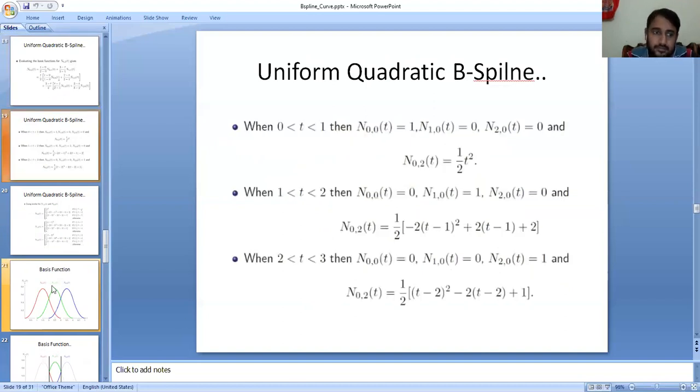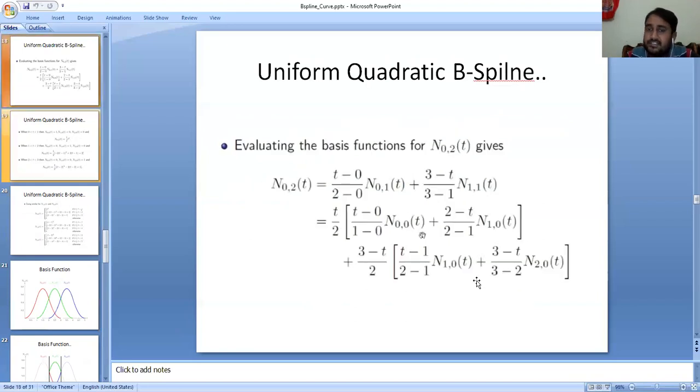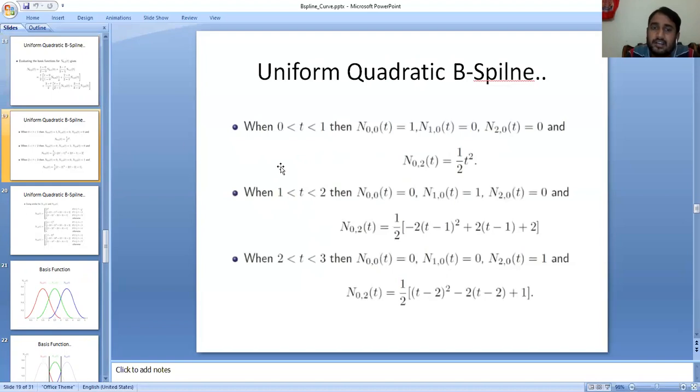So when you calculate this equation, you can see that the second subscript is always 0. So this value can be either 0 or 1. These 4 values can be either 0 or 1 depending on the value of t. So what will happen here?